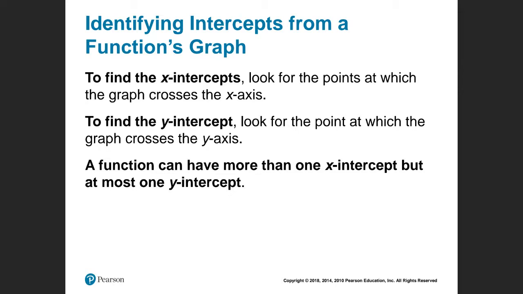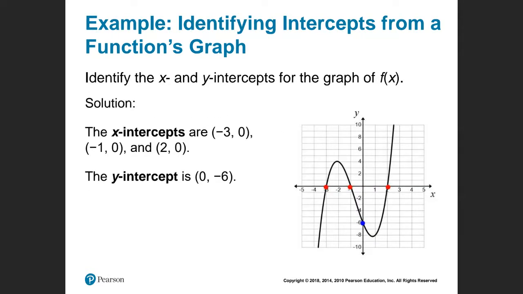A function can have more than one x-intercept, but at most one y-intercept. Usually the x is more than one, but for y it is at most one, only one y-intercept.